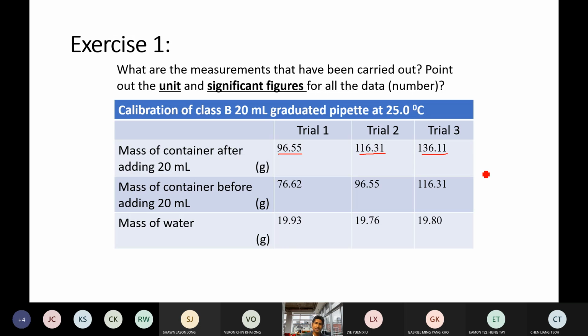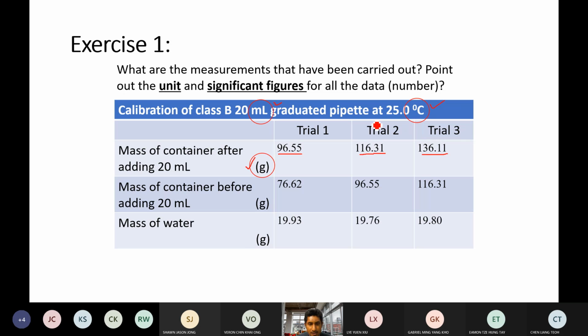This is quite a big difference in the measurement, but this is just for example purposes. Now we see that here we have gram as the unit. Here we have degree centigrade. Here we have milliliter. So three different types of measurement.